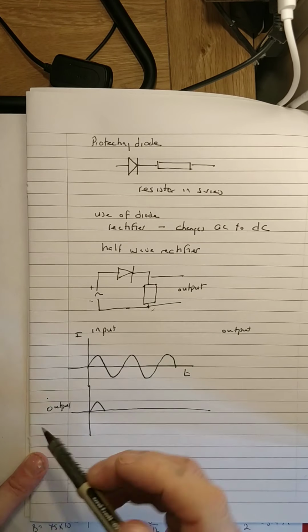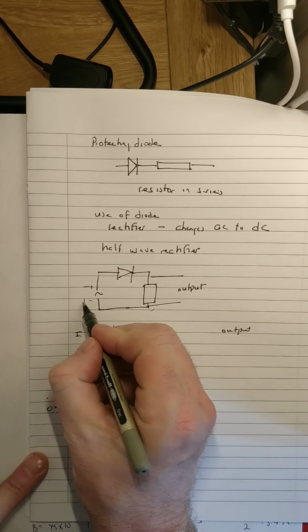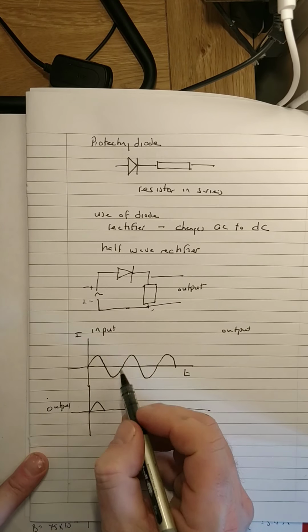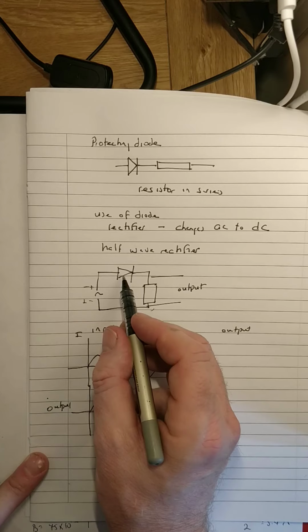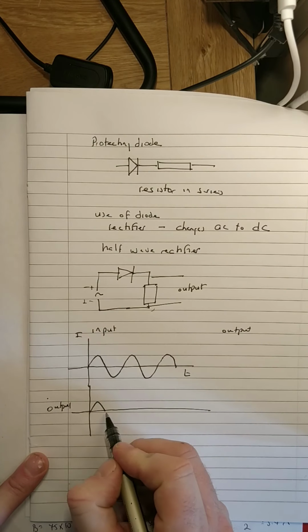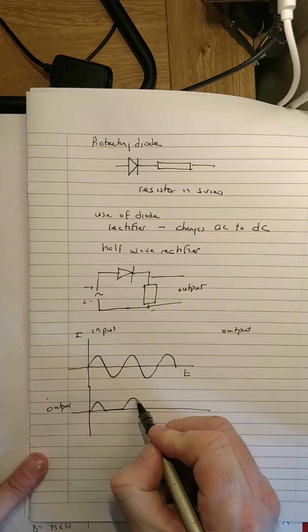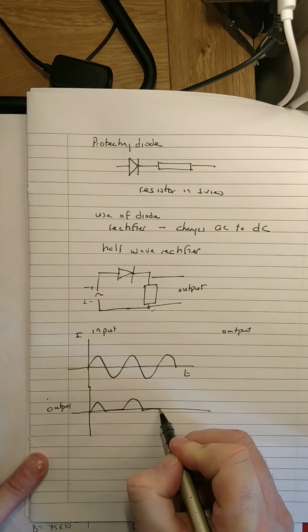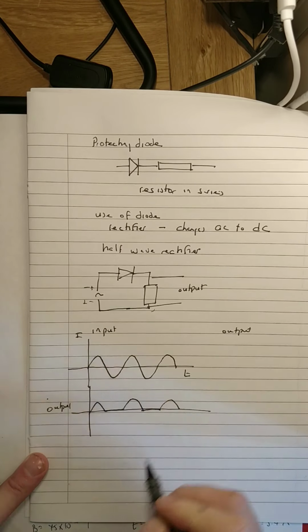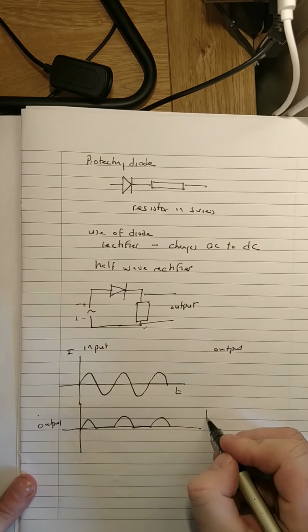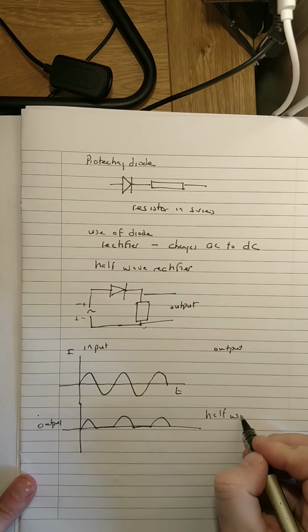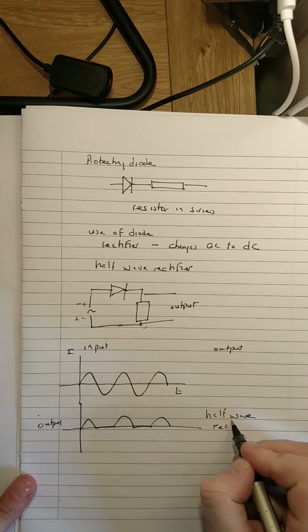When it changes to minus and plus, which is this bit, the diode will not allow current to flow. There'll be no current, so you basically get nothing, and then you get a current again, and no current again, and a current again. Now that's called half wave rectification.